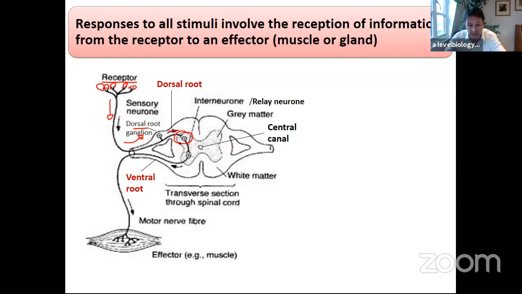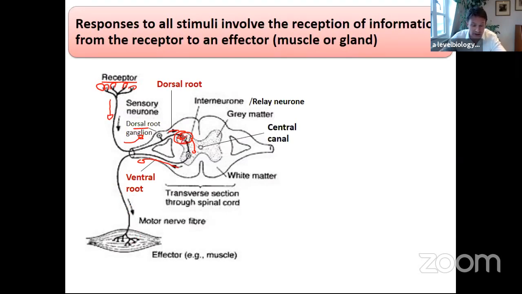Now, when you get to a synapse, you're converting an electrical signal into a chemical signal, which is the release of the neurotransmitter, which diffuses across the synapse, which is the name of the gap. And then it gets transmitted to the motor neuron and then leaves through the ventral root and goes out to the effector, which is the muscle or the gland.